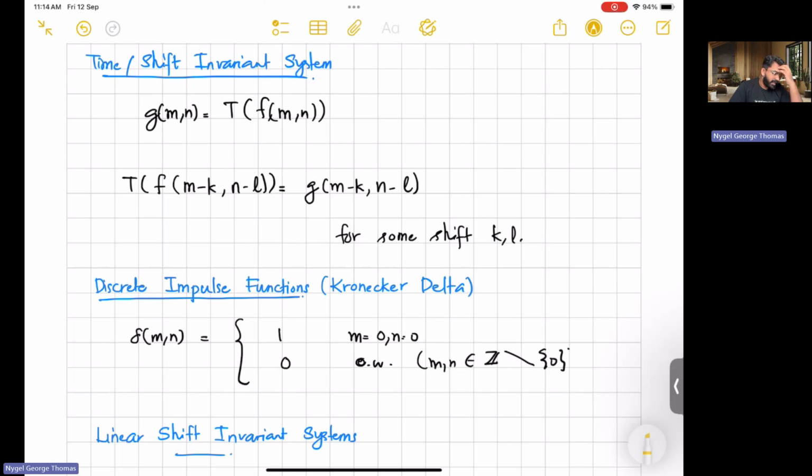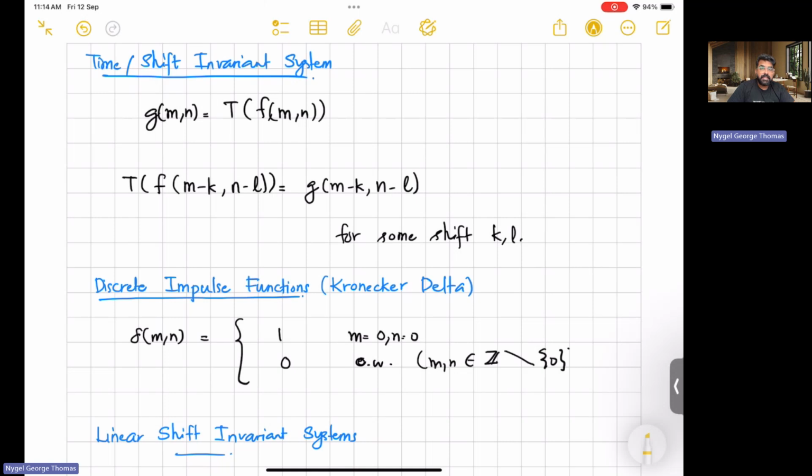In images, we are mostly concerned with shift invariance because we are working in the spatial domain. So if the input is f of m minus k, n minus l, where k and l are the shifts in the spatial domain, then the output is also shifted by the same k and l.